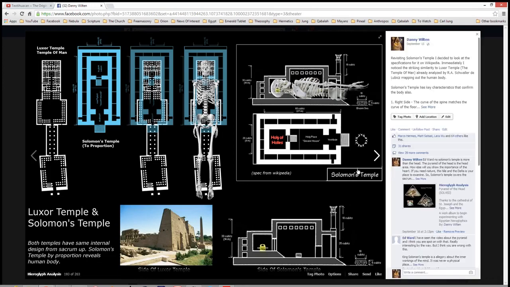But what's even better about the Temple of Luxor is that R.A. Schwaller de Lubicz already went through the Temple of Luxor, and by the hieroglyphics was able to actually realize that they were talking about these specific areas of the body that you see right here. In the first video, we didn't have the full Solomon's Temple, but we have two very important areas. We have this area right here, and this, which corresponds to the Ark of the Covenant, which we'll get into in just a second.